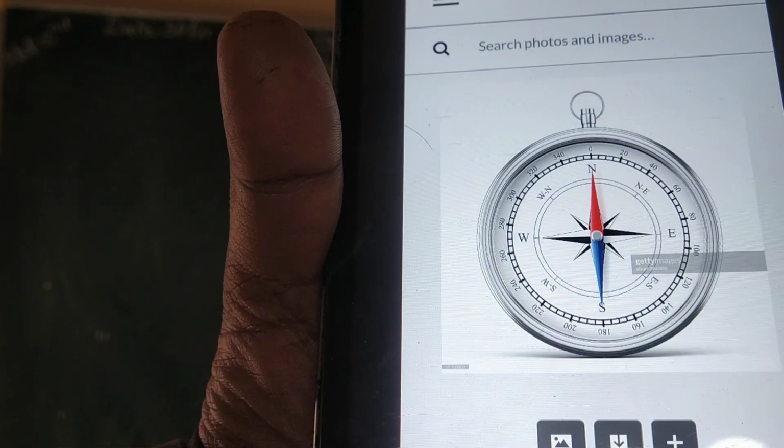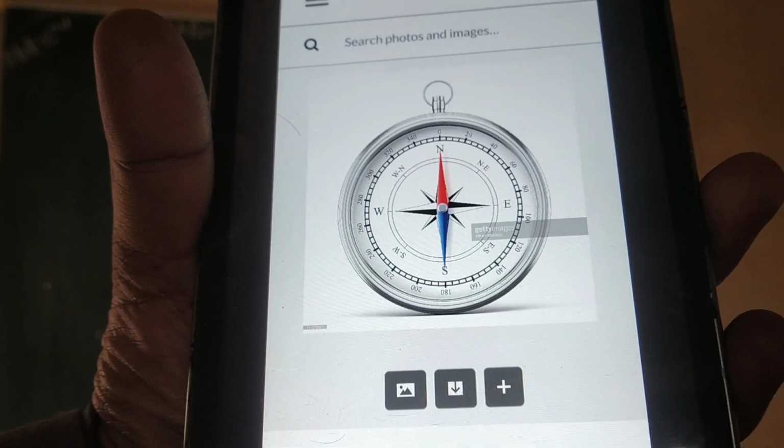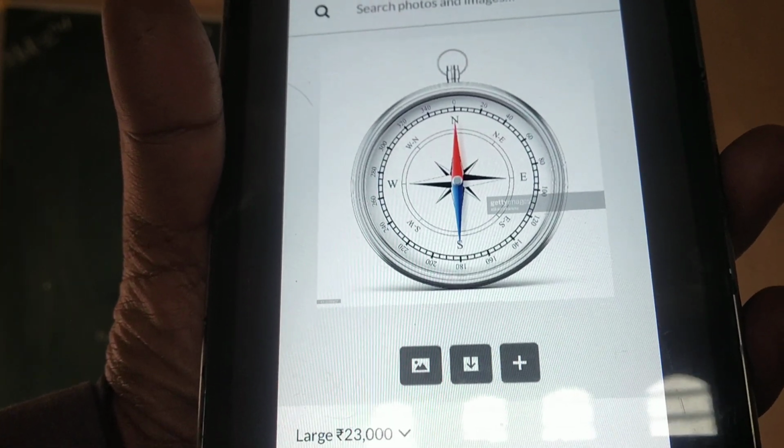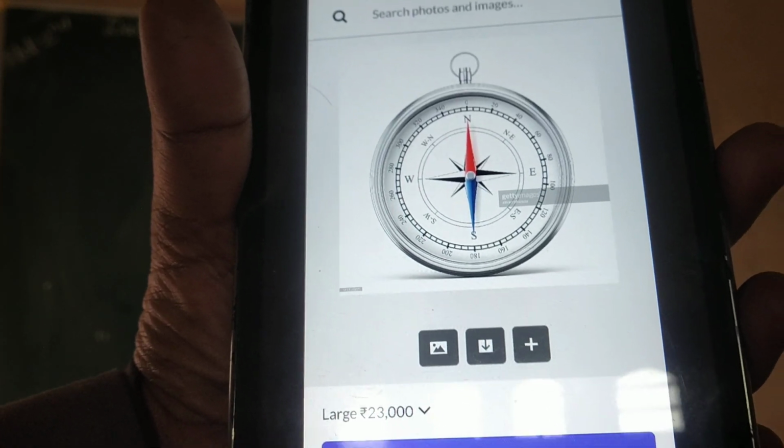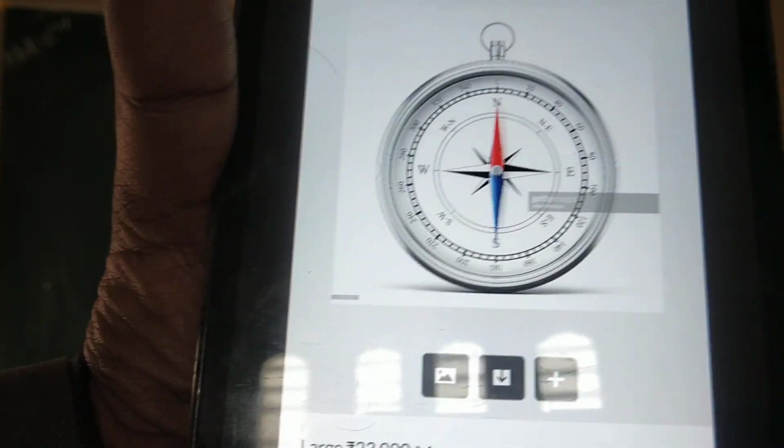Students, you can see this compass. Today we are going to find the directions using a compass. Sometimes we need to find the directions.